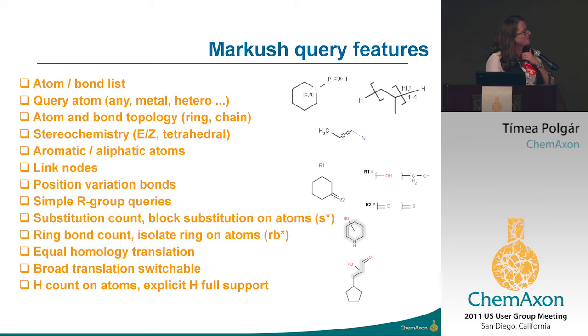Stereochemistry, aromatic and aliphatic atoms, link nodes, position variation bonds, simple R group queries, substitution count, block substitution on atoms, ring bond count, equal homology translation. Broad translation is switchable now, and hydrogen count on atoms.